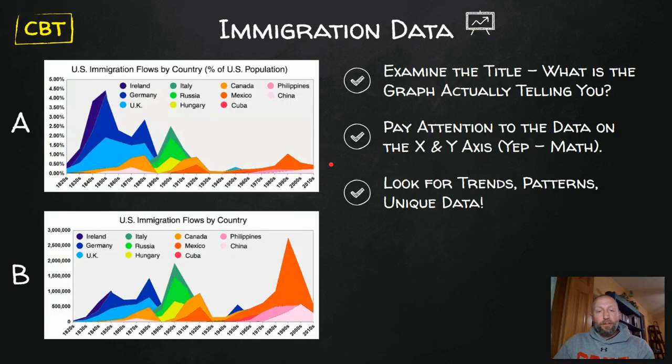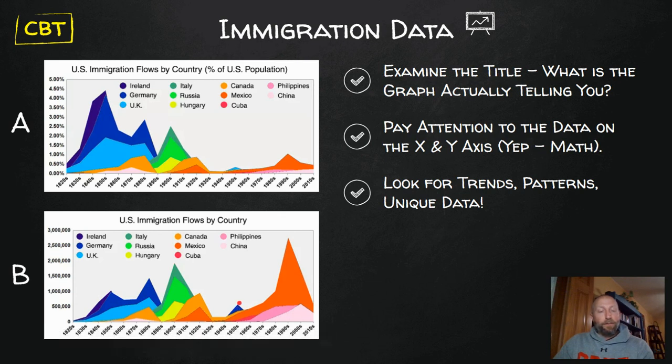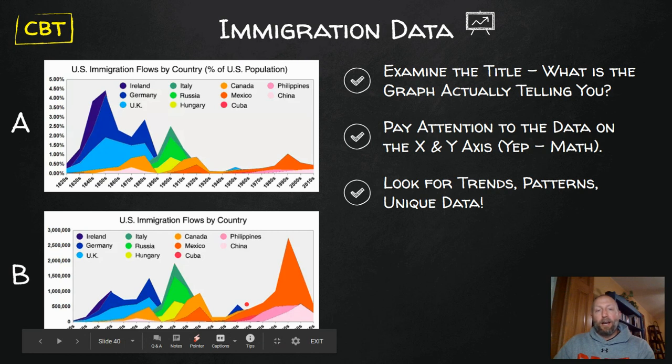A third thing that I always look for are patterns, trends, or unique data. For example, one of the first things I noticed in this graph was this blue spike right here in the 1950s and 40s. Well, if you know U.S. history, you're like, wait a minute, I know what's going on in Germany. It's called World War II. That's why you're having a spike of Germans immigrating during that time.